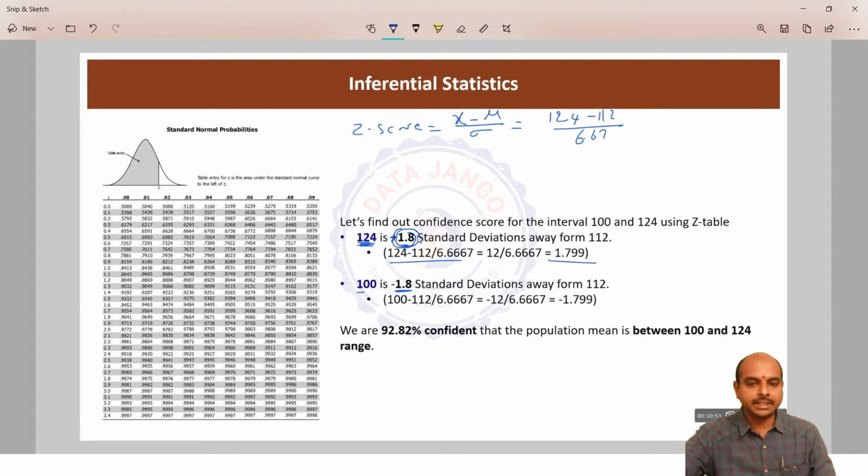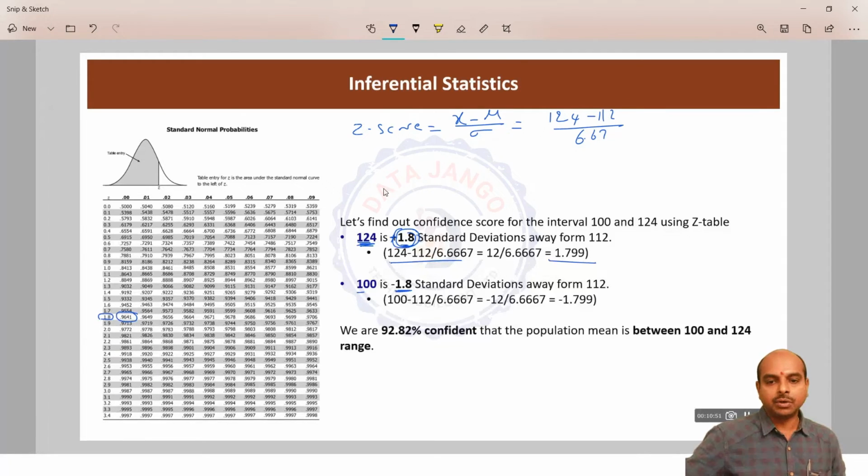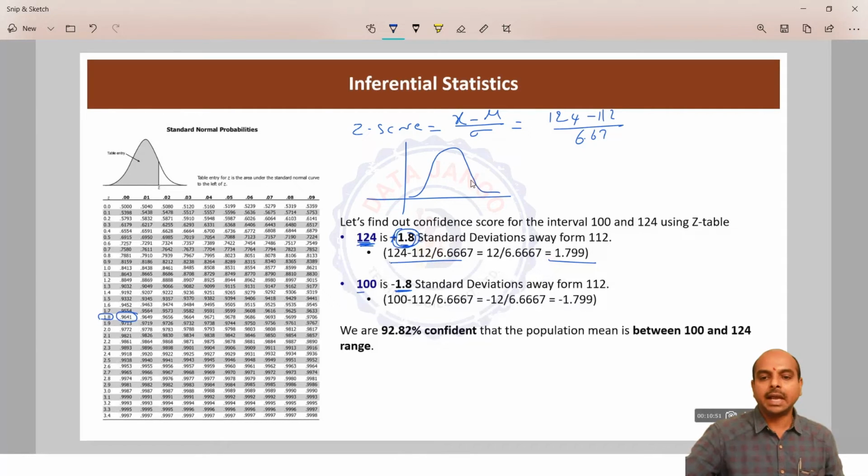What this means is, when you look at the z table, at 1.8 how much probability, or how much area under the curve, it covers. We know the normal distribution is going to be like this, and the area under this curve is 1.0. When I say 1.8 standard deviations, that's going to be after the mean.